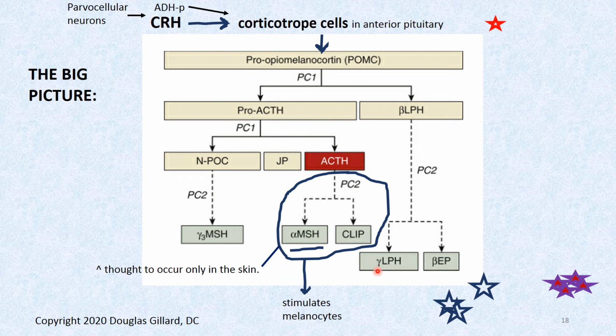All right, here's just kind of the big picture of where we've been. So we have parvocellular neurons releasing mainly CRH, a little bit of ADH-p. They both stimulate corticotroph cells in the anterior pituitary to release pro-opiomelanocortin, which is immediately converted by PC1, while we're still in the interstitium of the anterior pituitary. PC1 converts POMC into pro-ACTH and into beta-lipotropin, which we don't need to worry about in this pathway.